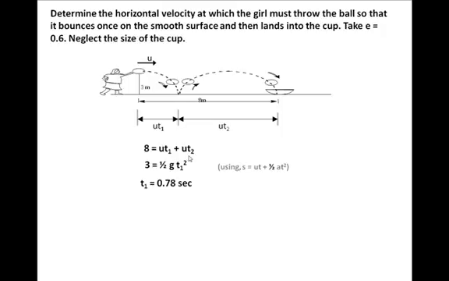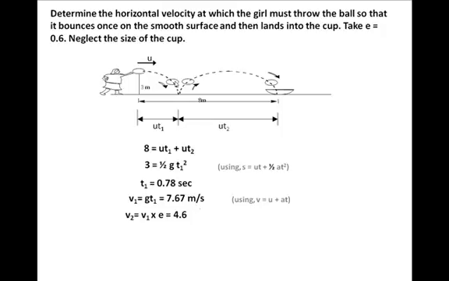Before that let's work out with what vertical velocity this ball hits the ground. That will be v1 is equal to gt1. We use v is equal to u plus at in the vertical direction. u is 0, a is g, and t1 we already worked out. So it is gt1, 7.67.